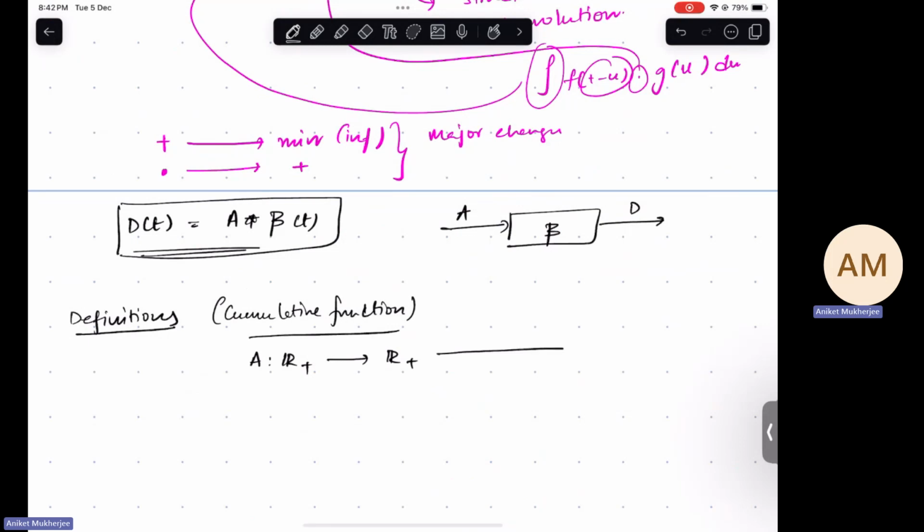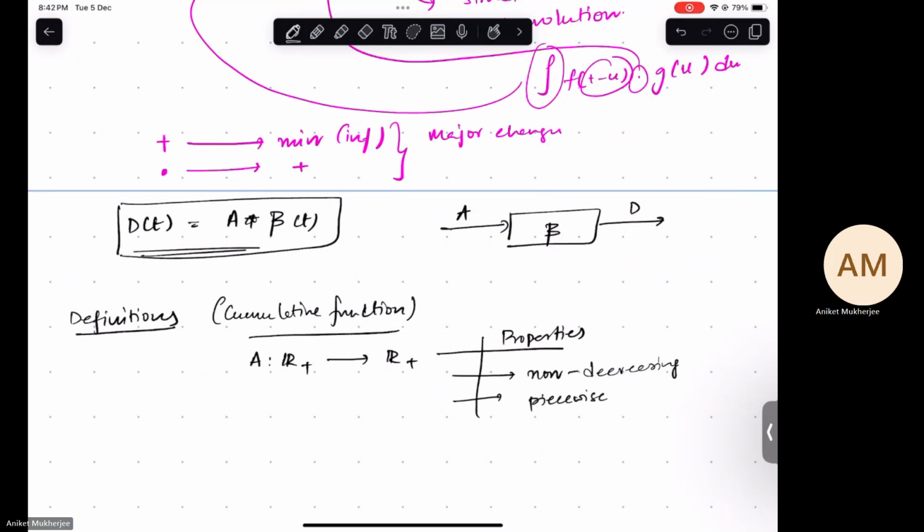And the properties of these functions are that it is non-decreasing, piecewise continuous, and left continuous.